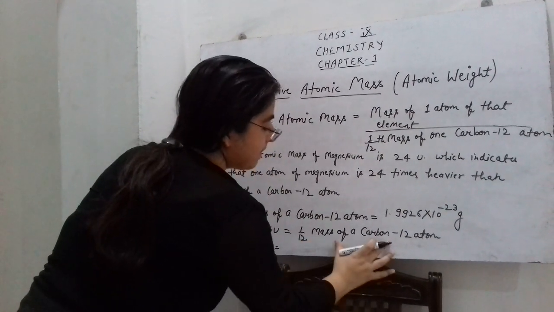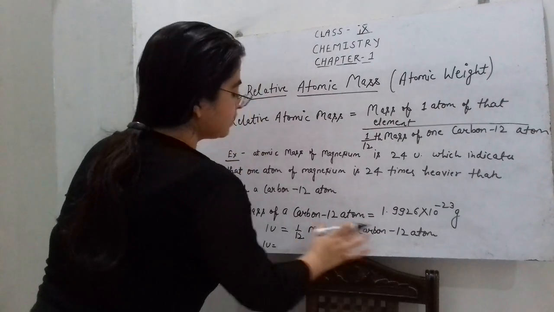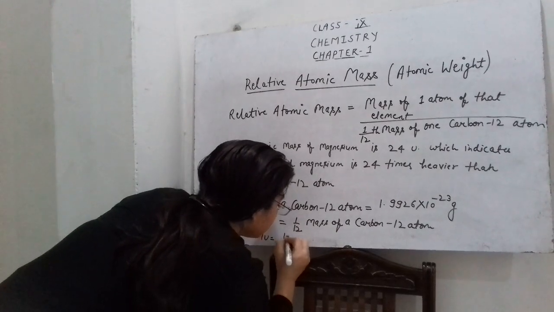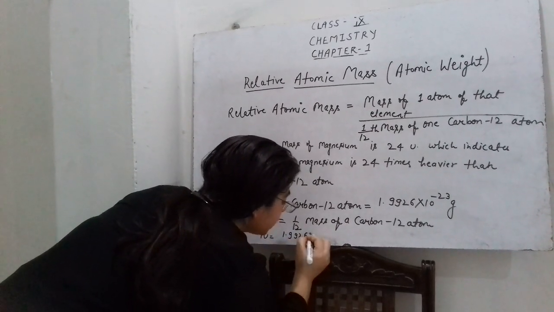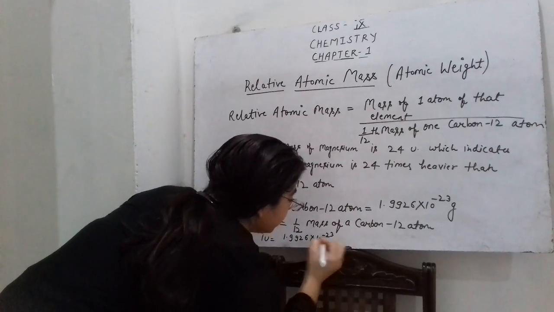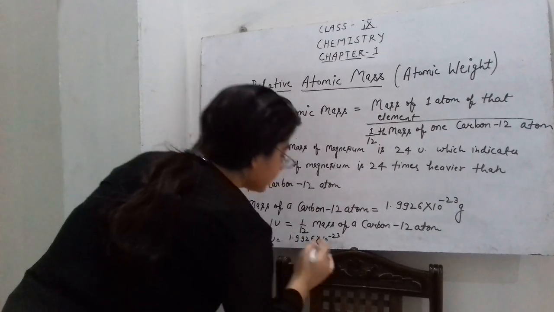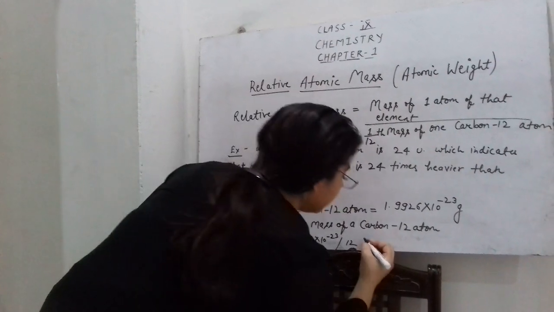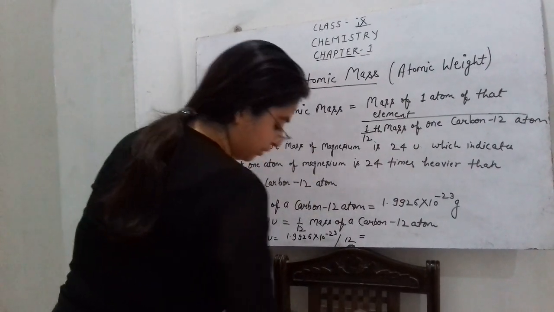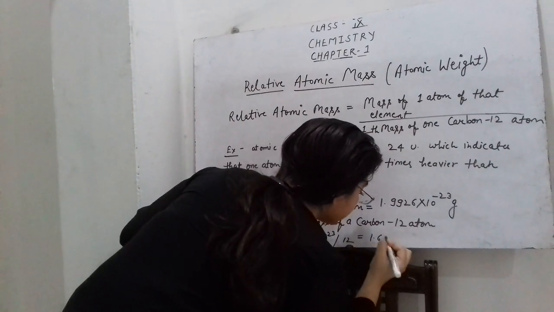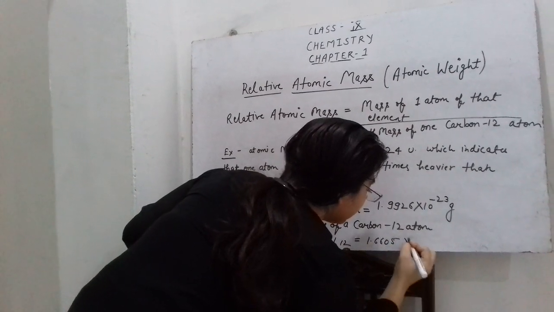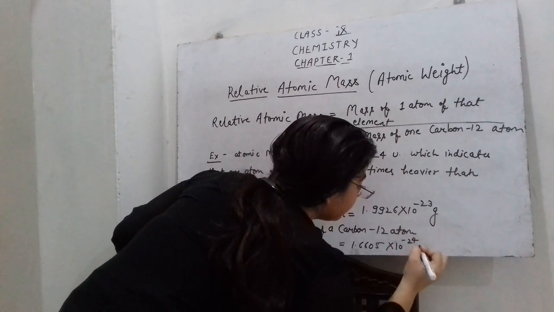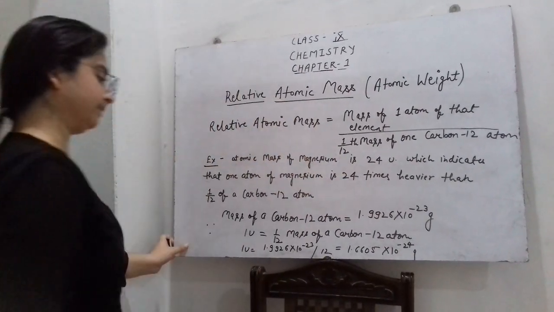As I have told you, the mass of a carbon 12 atom was experimentally found equal to 1.9926 into 10 to the power minus 23 gram. When it is divided by 12, then we will get the value equal to 1.6605 into 10 to the power minus 24 gram.